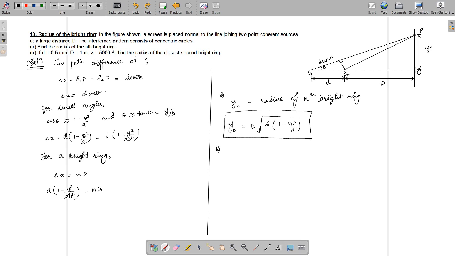Now, at point O, theta will be 0, so point O will be the central maximum. At the central maxima, theta equal to 0, so cos theta will become 1, and delta x will be equal to d.